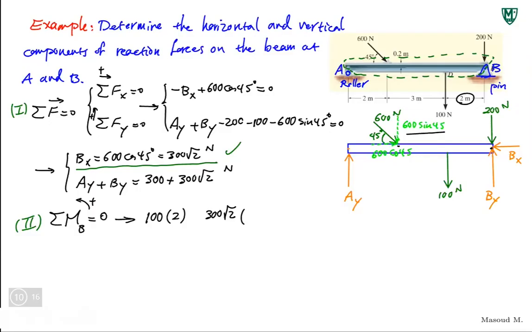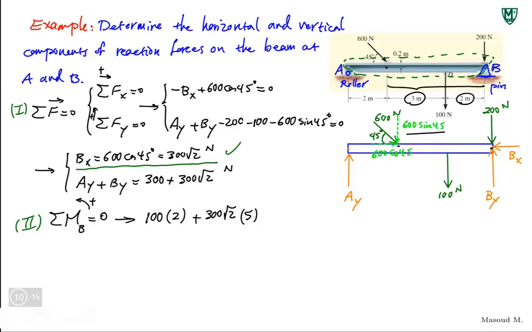So 600 sine 45, which I replaced with 300 square root of 2, times 5, exactly. So it's like 3 here, 2 there. So the distance from point B is 5. The direction of the moment still would be positive. It's downward, counterclockwise. Anything else that we have here?